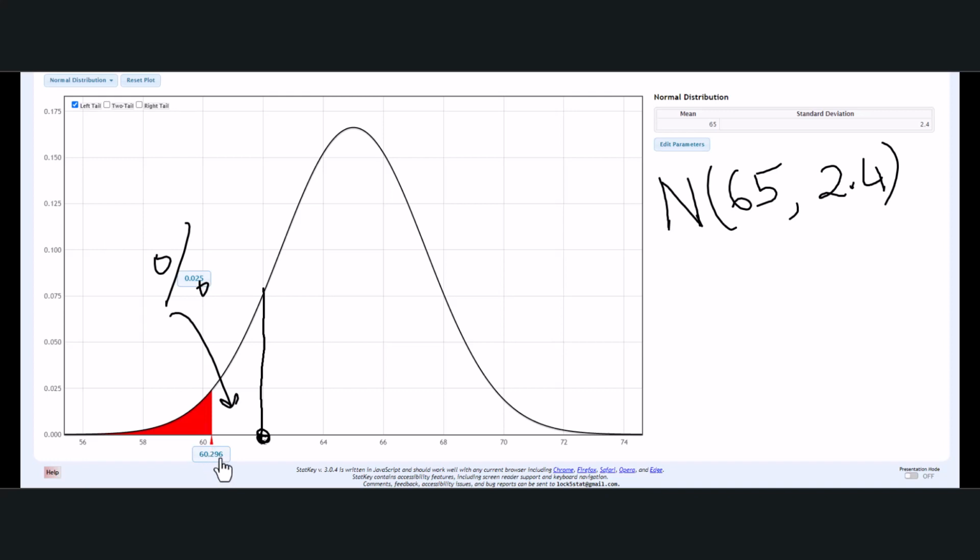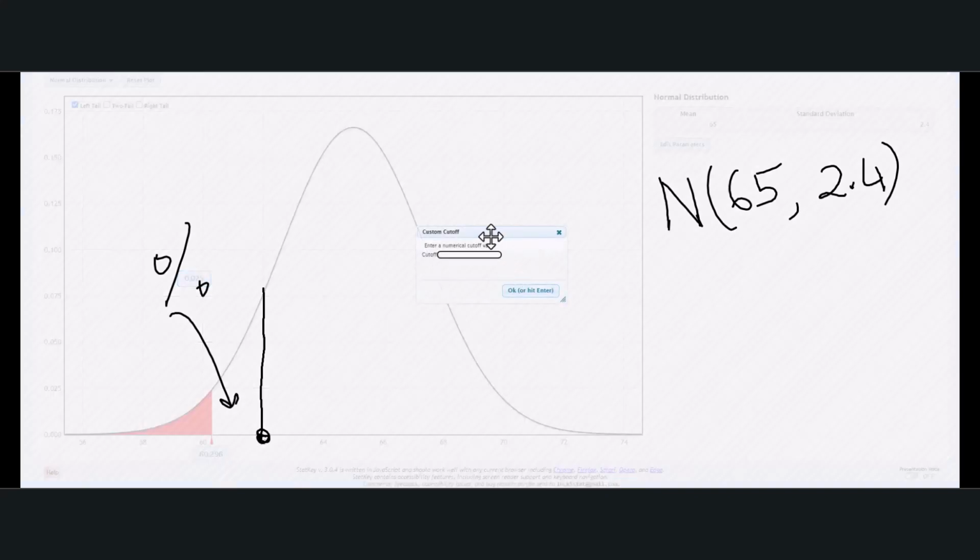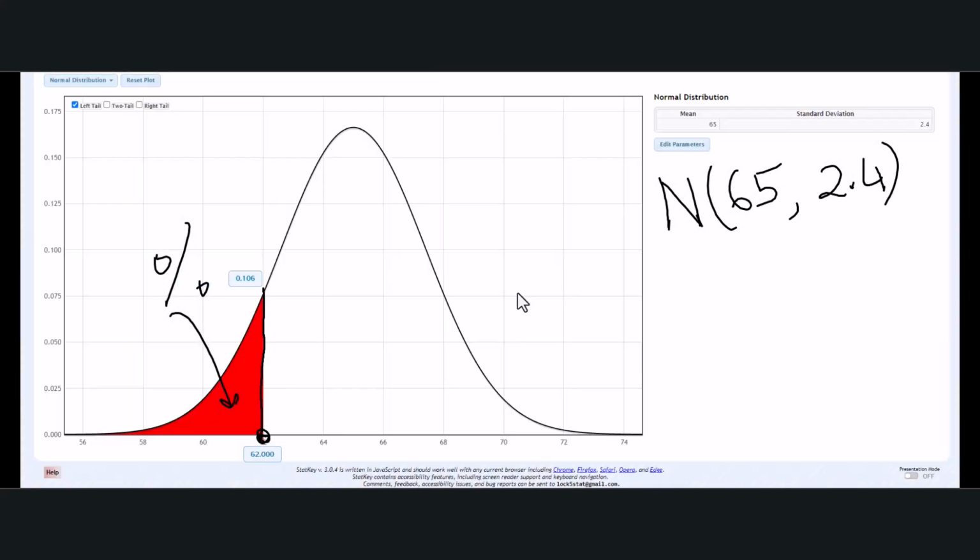I can change it to the value that I need, and that was 62. When I enter it, it tells me that the proportion of the values below 62 is 0.106. So that's 0.106, which as a percentage is how much?